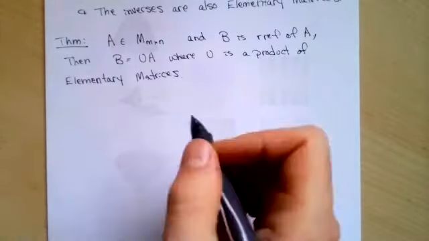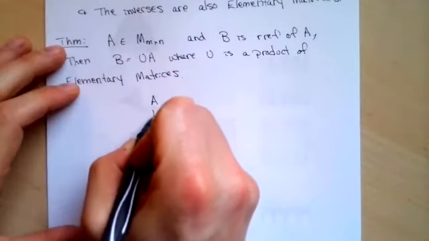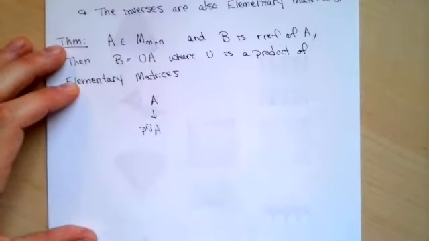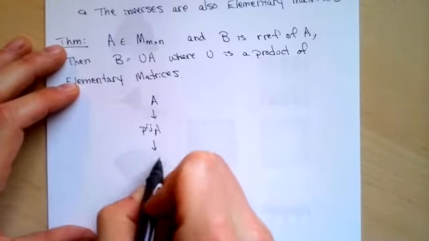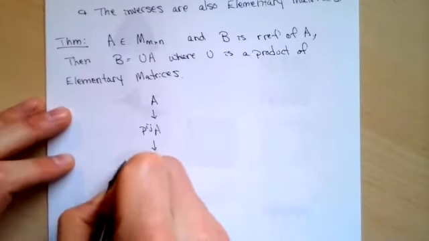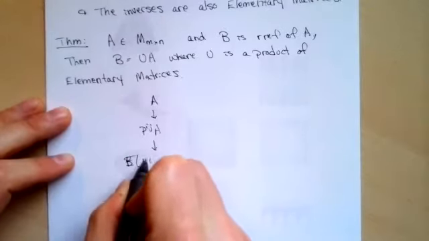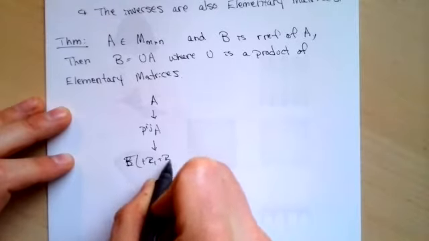So for example, if you start with A and then your next step is to switch 2 rows, now I switch those 2 rows to get a new matrix. And then you can add a scalar multiple of, say, row 1, and then add it to row 2.